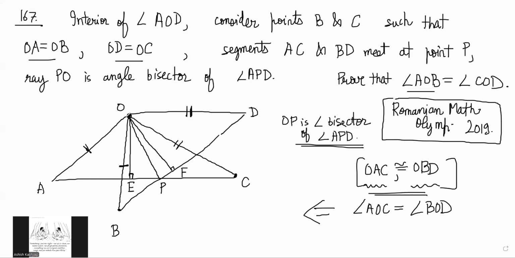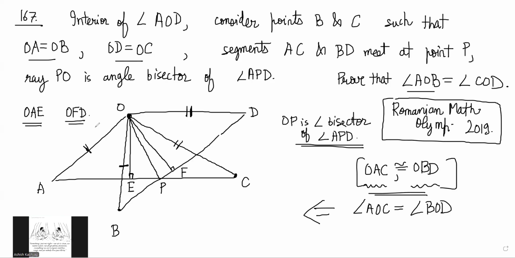Because perpendiculars help us do congruency very easily, because it becomes a right angle triangle. If you look at triangle OAE, it's a right angle triangle now, right? And triangle OFD is also a right angle triangle.